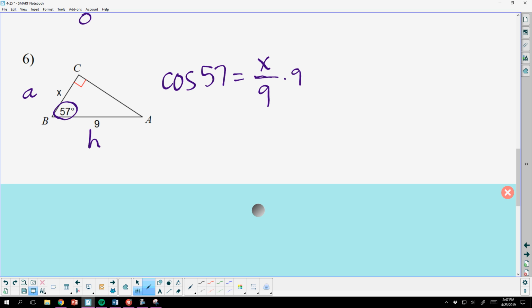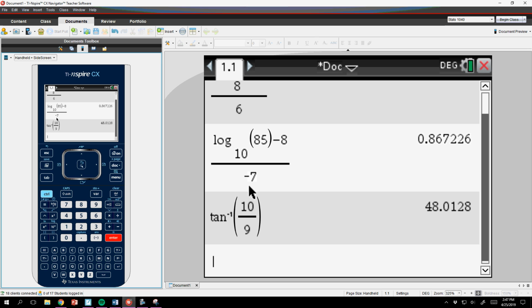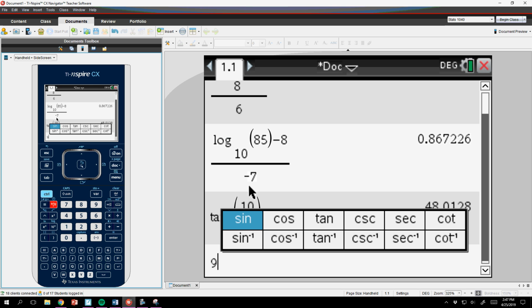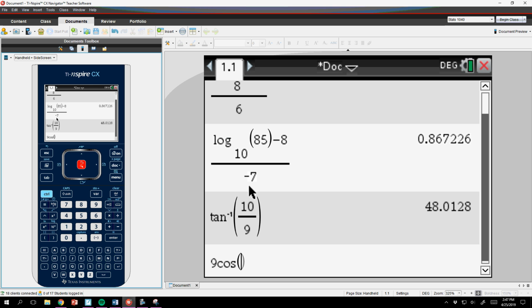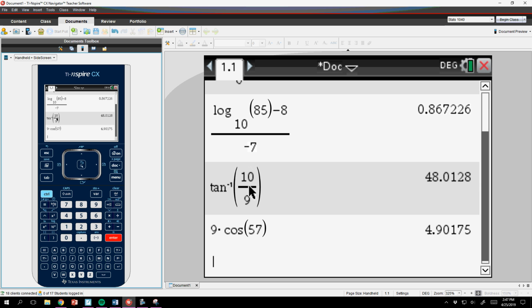We're going to times by 9 to each side, right? So that's what you're going to plug in. It's just 9. We learned this when we reviewed SOHCAHTOA. It's 9 times cosine of what? Was it 57? Okay. So 4.9.